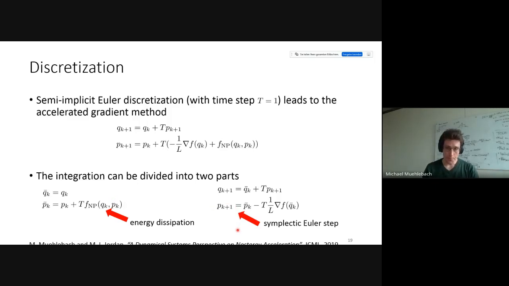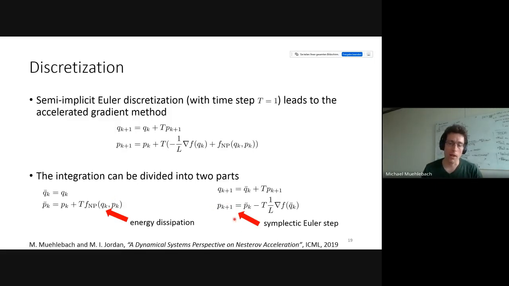One very important thing to realize is that as kappa goes to infinity, this damping reduces, and we're left here with the identity map. At this point, we're left with a conservative dynamical system, a Hamiltonian system, and then you have to be very careful about the numerical discretization. Because if you just apply, say, the forward Euler, it's easy to accumulate energy over time, which would lead to instability.